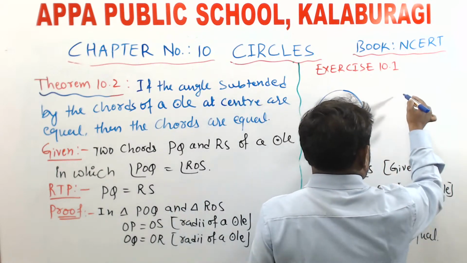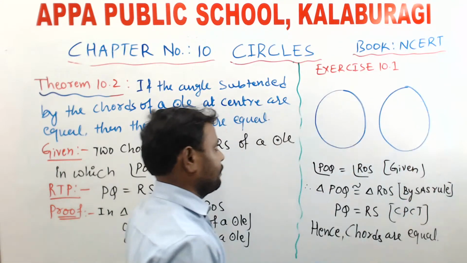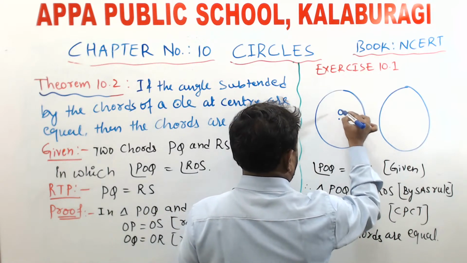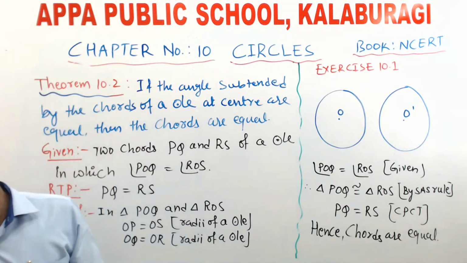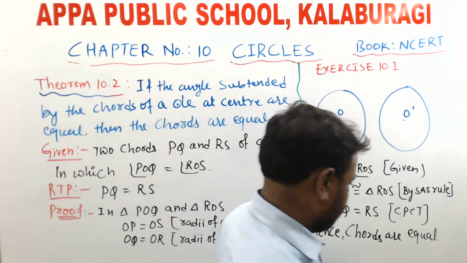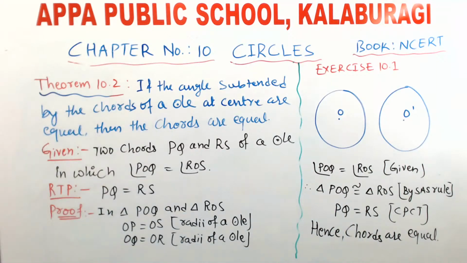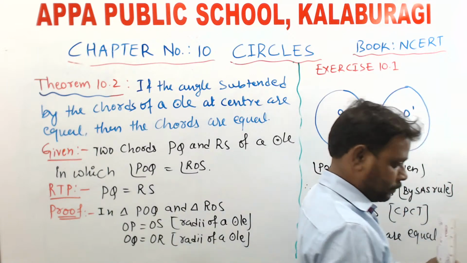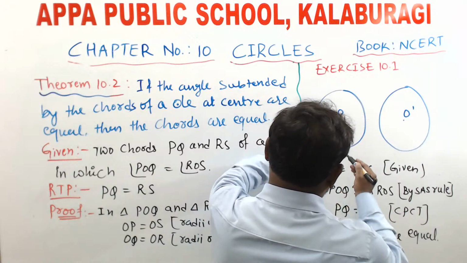This is the first circle. This is the second circle. Point O is the center point, and this I will take as O dash. Two circles, one with center O and another with center O dash. Then I will complete the diagram first. So you also complete the diagram, if you are sitting with a notebook and compass.